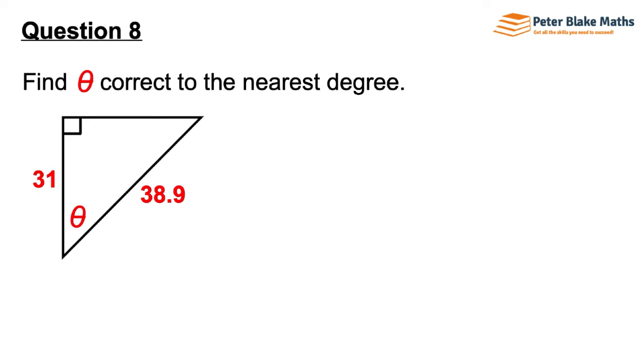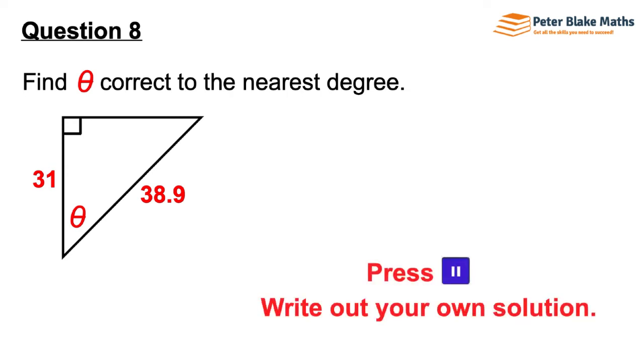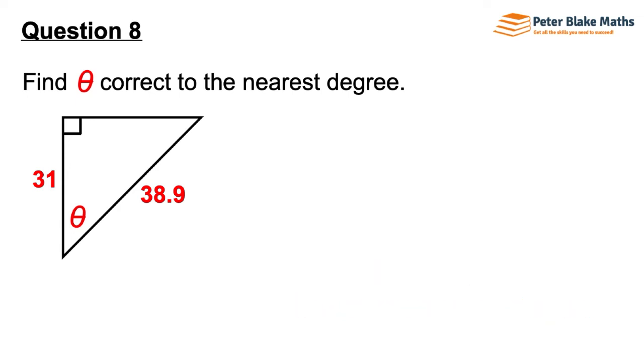Question 8. Find theta correct to the nearest degree in the diagram below. When we're finding an angle in these types of questions, we must remember at some stage to press shift. This question, from the theta, we have an adjacent position of 31 and a number in the hypotenuse position, 38.9.